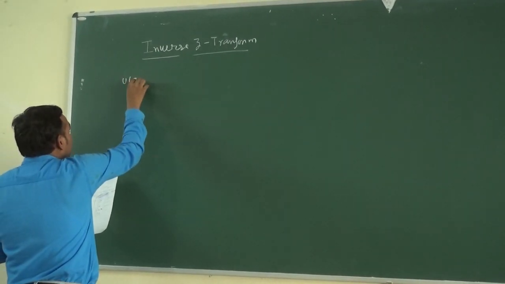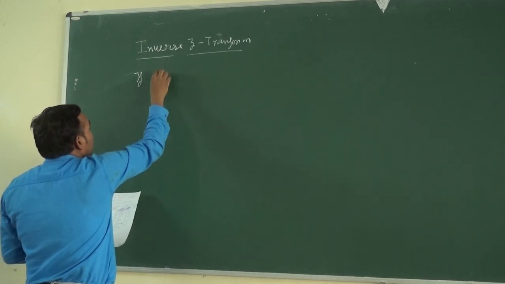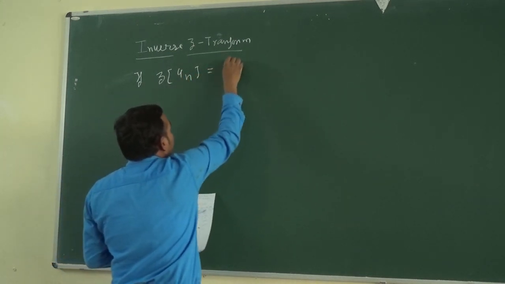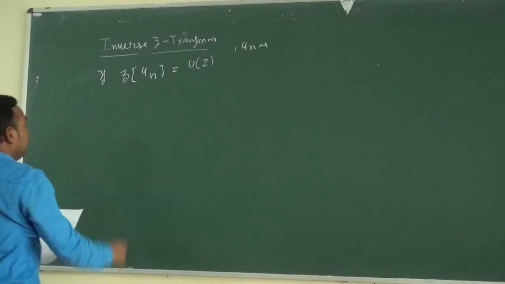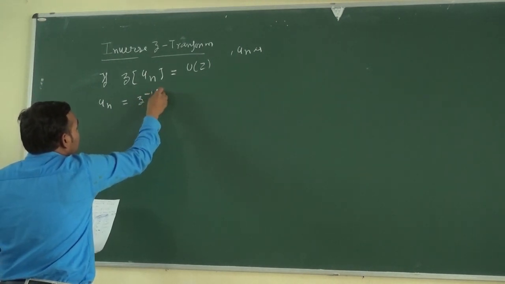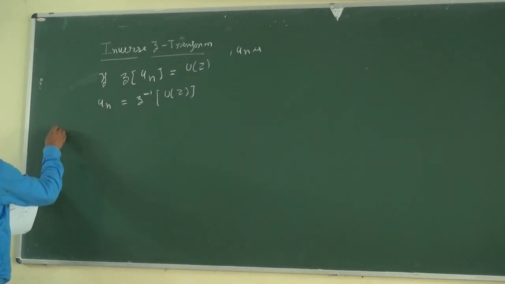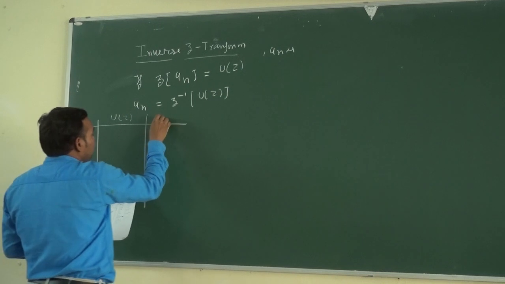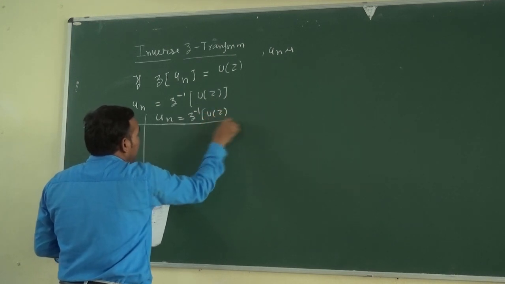Say U(z). If the Z transform of u_n equals U(z), where u_n is a sequence or function, then the inverse Z transform is defined as u_n equals Z inverse of U(z).